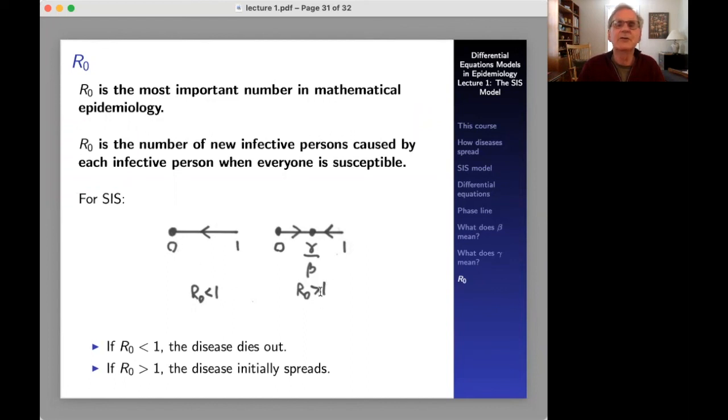When R naught's greater than 1, if we started near here with almost everybody susceptible, near 0 infectives, if a disease entered the population, then each infective would be replacing himself by more than 1 infective person, and the disease would start to spread. As it spreads, the number of susceptibles decreases, that rate of transmission is going to decrease, and we're going to head toward this endemic population fraction.